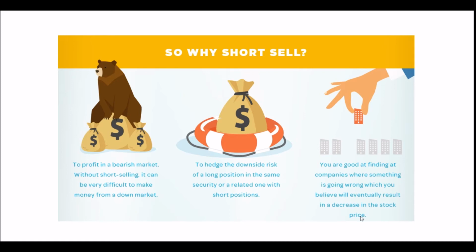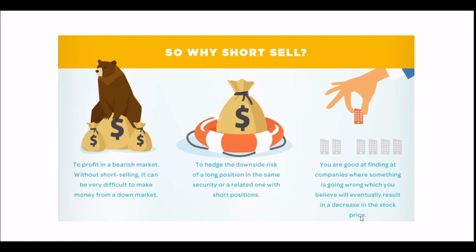So let's make it practical. For example, you sell a stock at $10. Now the price of the stock on the market is, let's say, $2. That means it has depreciated. That stock has gone down in value. So you go back and buy that stock so that you can give it back to the broker, because don't forget, you borrowed the stock.